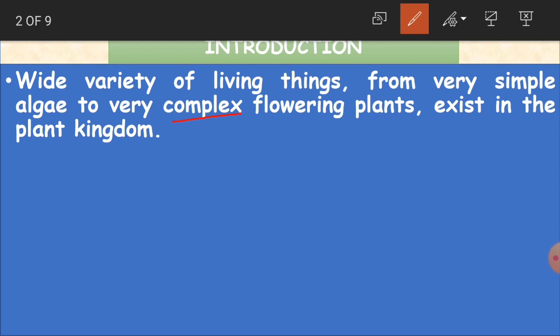So these types of plants are called complex plants, and here we are learning that. We have very simple plants which do not have flowers, fruits, seeds, and stems, and from that type to so many different types of parts, which connect from one part to another.